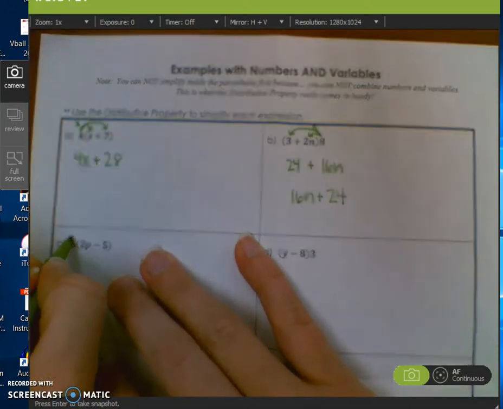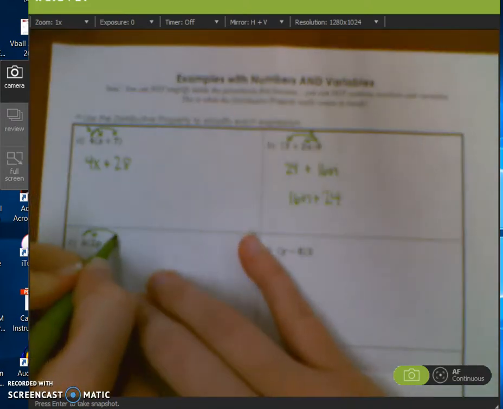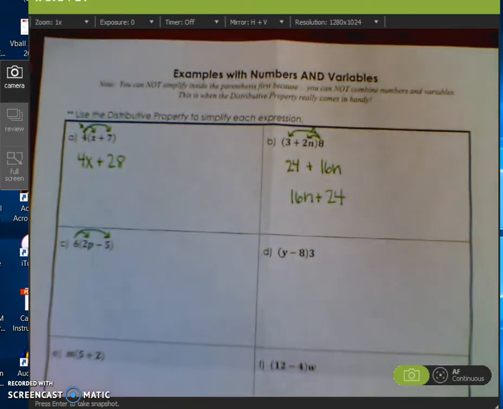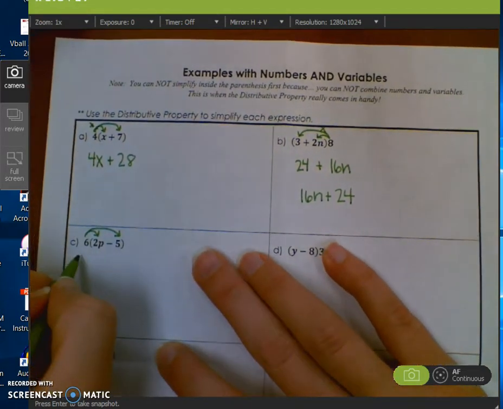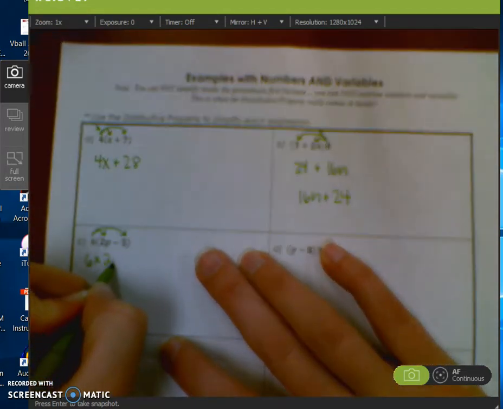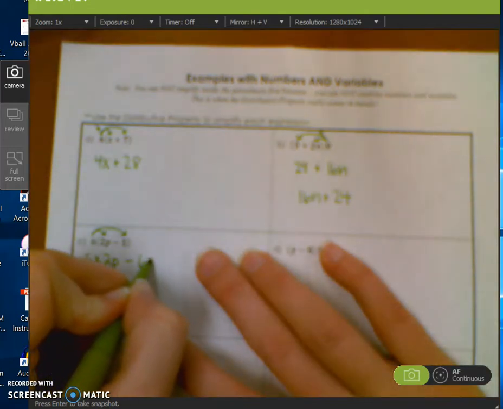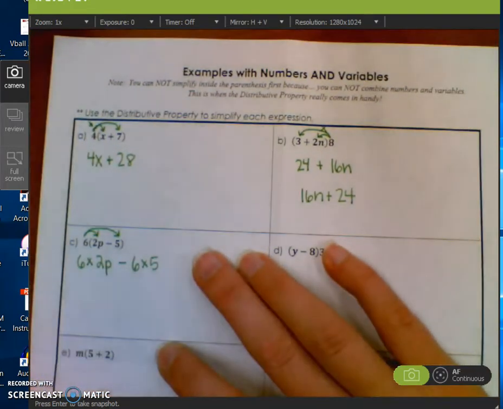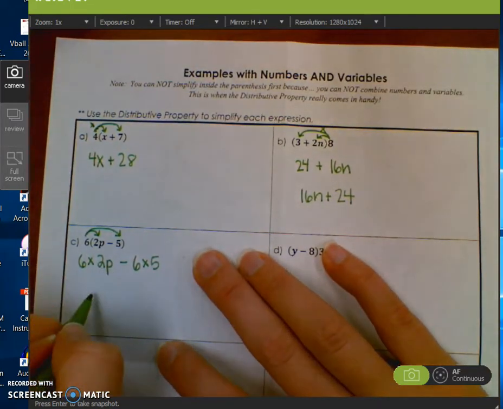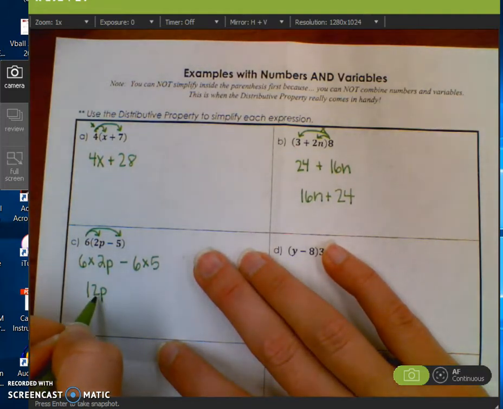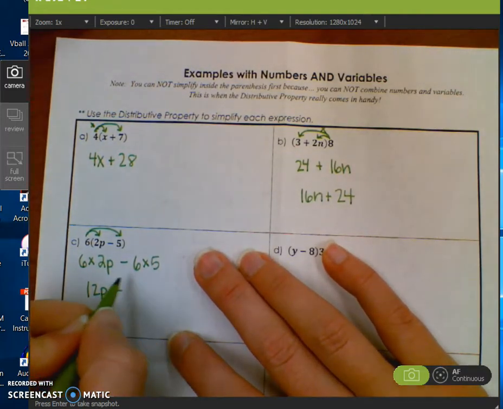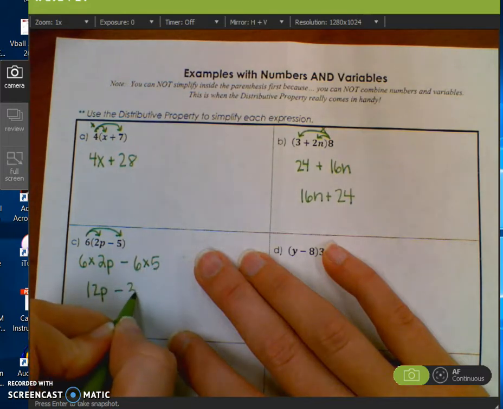This next one, I've got my outside number, 6. I'm going to multiply that by everything on the inside, the quantity of 2p minus 5. And maybe I should be showing this step of work, so I'm going to start doing this. 6 times 2p minus 6 times 5. So 6 times 2p gives me 12p because 6 times 2 is 12, times p is just 12p, and then minus 6 times 5 is 30.